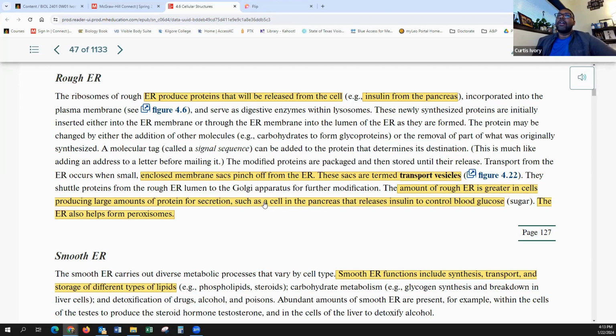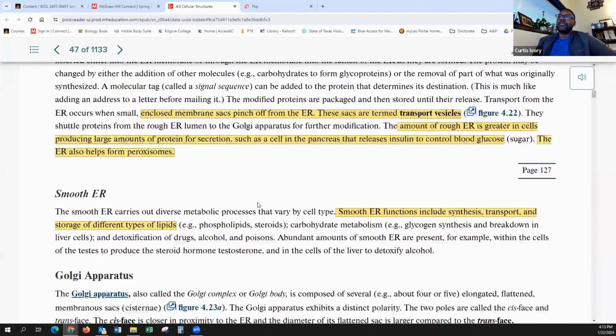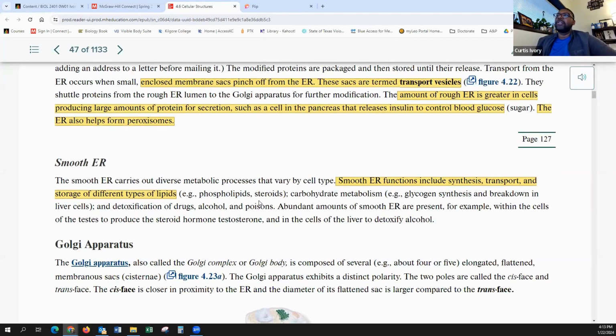The rough ER is also responsible for producing peroxisomes, those little vesicles that contain hydrogen peroxide. The smooth ER's functions include synthesis, transport, and storage of different types of lipids, such as phospholipids and steroids. That's how your phospholipids are actually made, in part by your smooth ER.